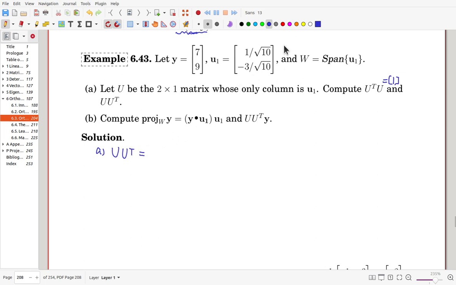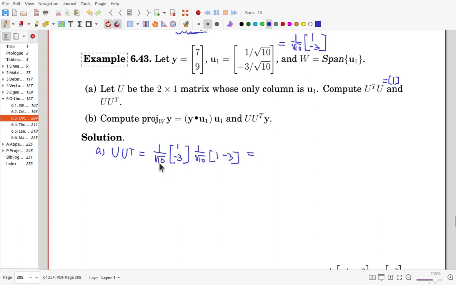Now, first of all, we'll rewrite U1 in this way, 1 over square root of 10, and here 1 and minus 3. It is easier to handle. Now U itself is 1 over square root of 10 times (1, minus 3). And then U transpose is 1 over square root of 10, the scalar, and the row vector 1 and minus 3.